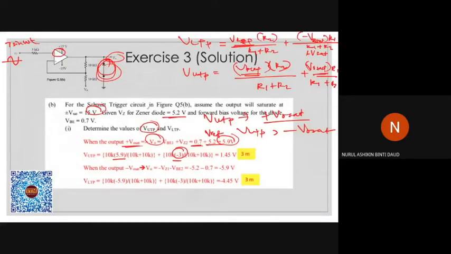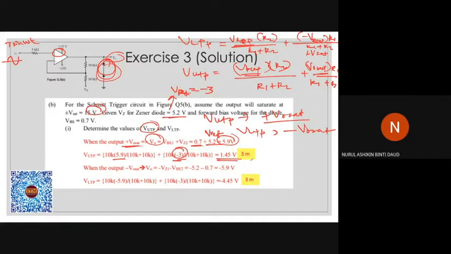So we have another piece of information here, which is V reverse, minus 3. You need to take the reverse value here, minus 3, because at the reverse condition it will be the same as well, and you will get 1.45.